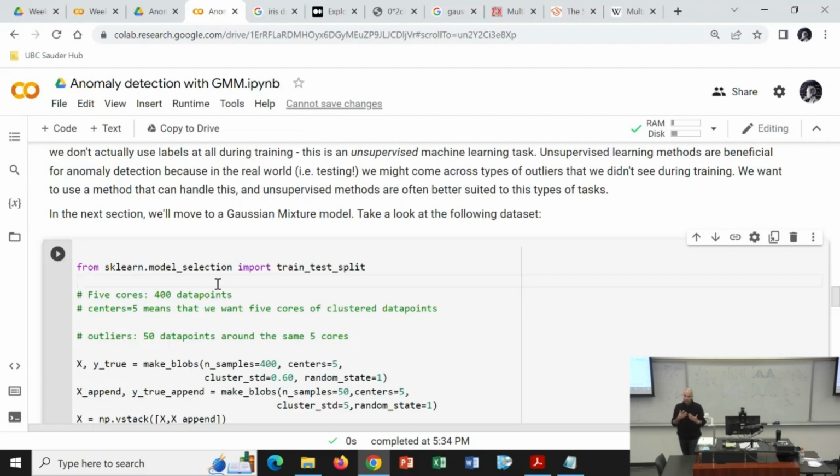So a method like this is suitable because what we care about, which is fraud, is so difficult to find in the data. So we want a method which is sensitive to detecting unusual patterns.